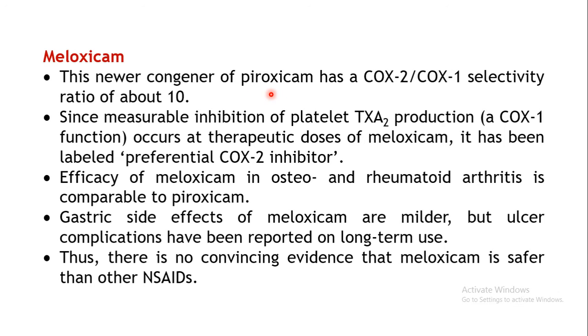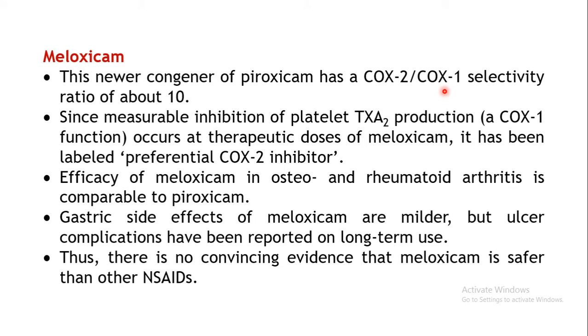But later on, it was found that it has a greater selectivity towards inhibition of COX-2 as compared to COX-1. This ratio of inhibition of COX-2 to COX-1 is about 10. So it is 10 times more potent in inhibiting the COX-2 enzyme as compared to COX-1. That's why it was later classified under the preferential COX-2 inhibitors.